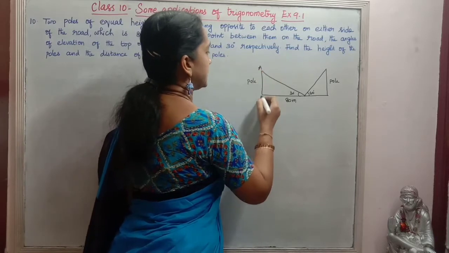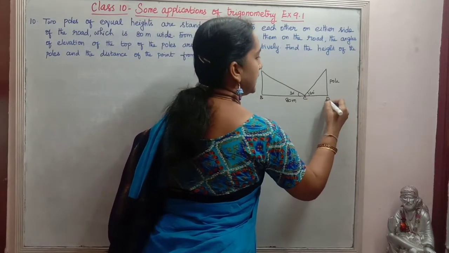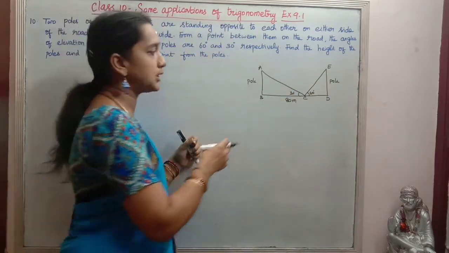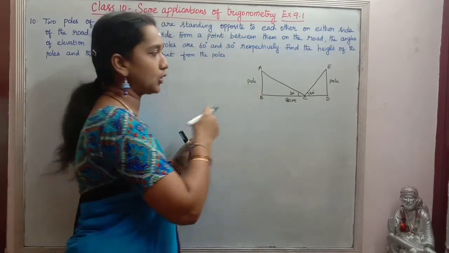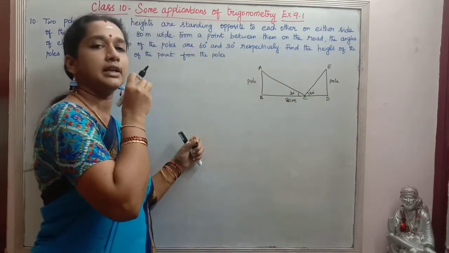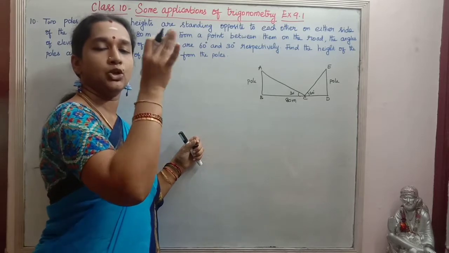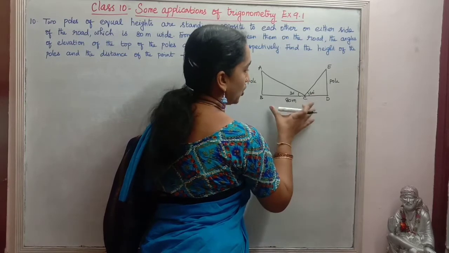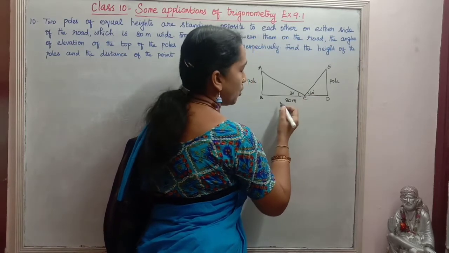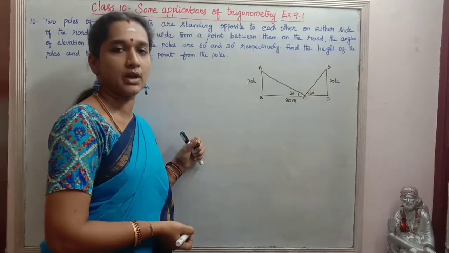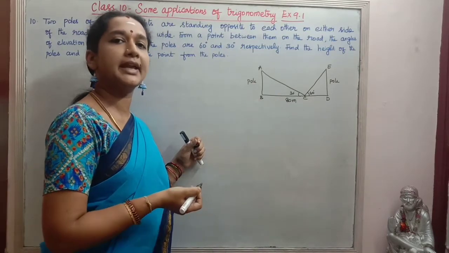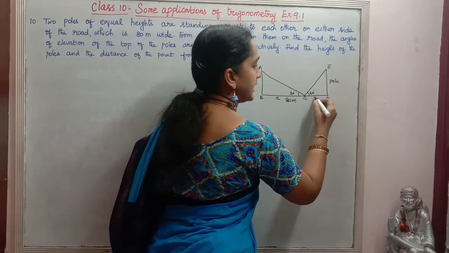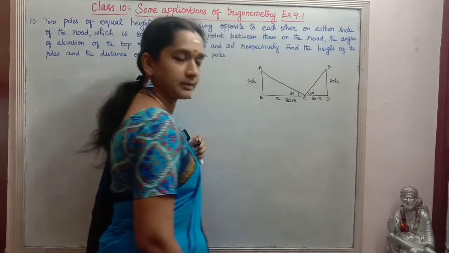So we will take this as A, B, C, D and E. Let AB and DE be the height of the equal poles and BD is the width of the road. C is the point from where the angle of elevation is formed to the top of the poles. If we take the full thing as 80, one part is X, the other one is 80 minus X. So we will take the distance of BC as X and CD as 80 minus X.